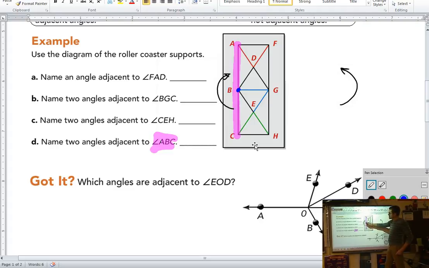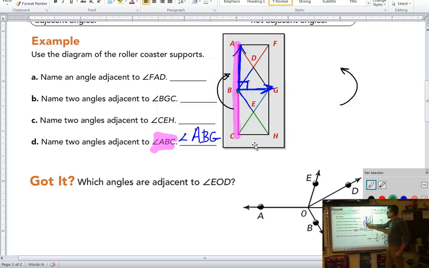If I make it share my vertex B and my side AB, I could do ABD, I could do ABG, I could do ABE, do ABH. I have a ton of choices here. One of the easiest ones is ABG. If I just do here, down to the B, over to the G, this will now be a right angle that is adjacent because it shares my side AB.